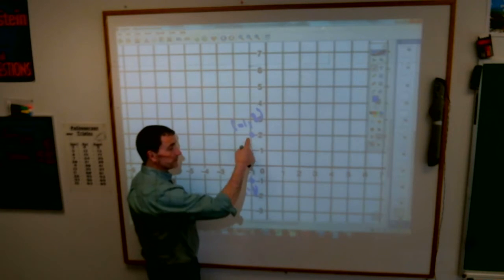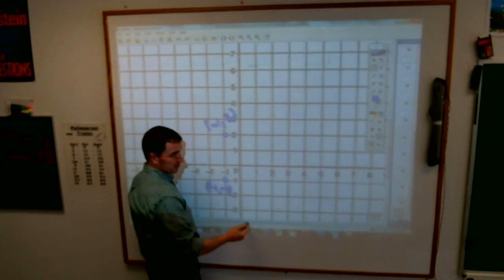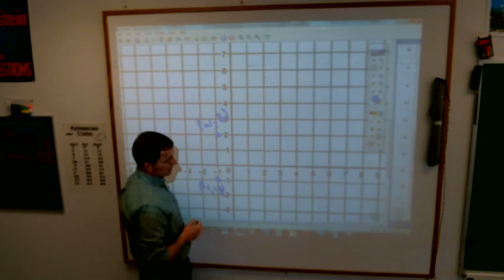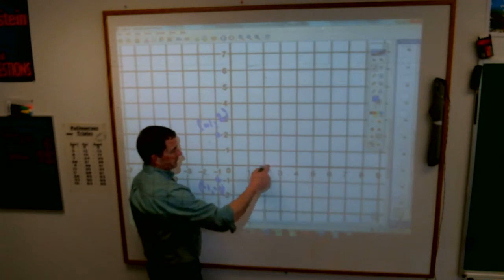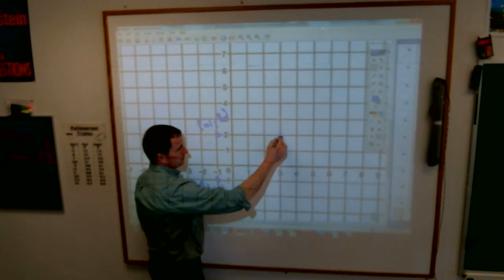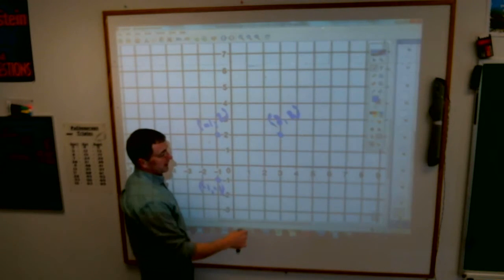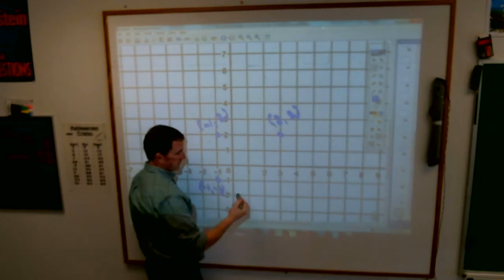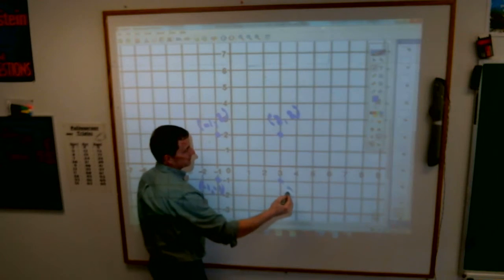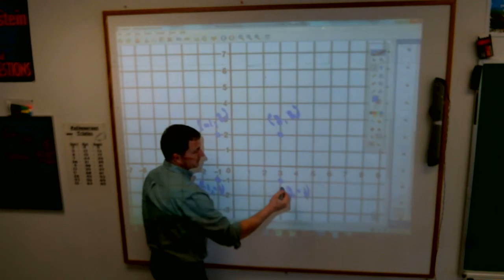So they line up, it looks like that would be part of the rectangle. Third point, Amelia? 3, 2. 3 over, 2 up. And the fourth one I'm going to guess is going to be 3, -1, because that would make perfect sense, making a rectangle.